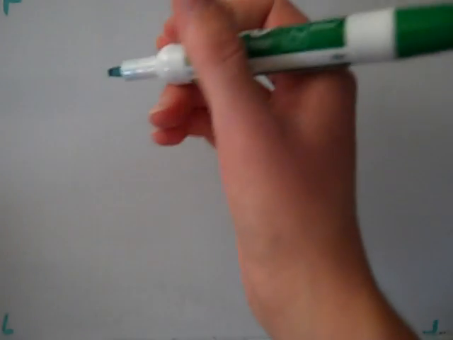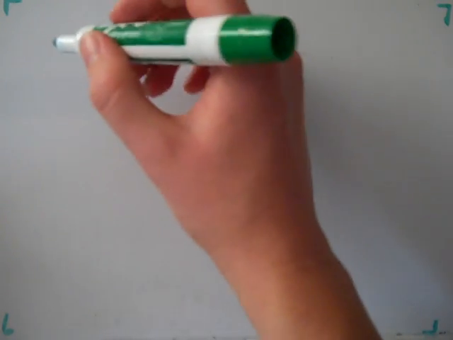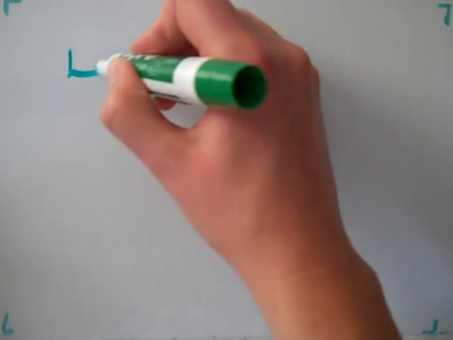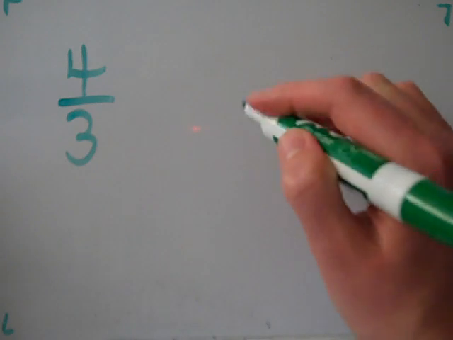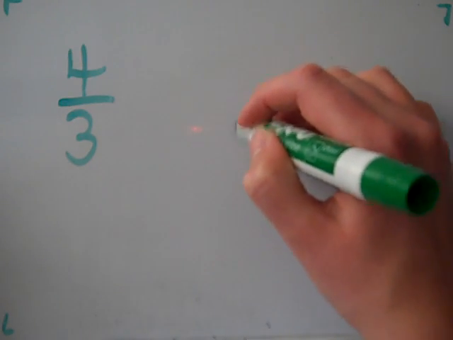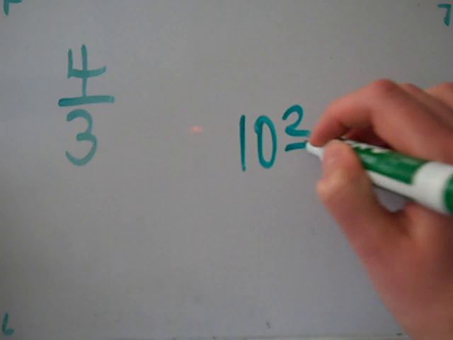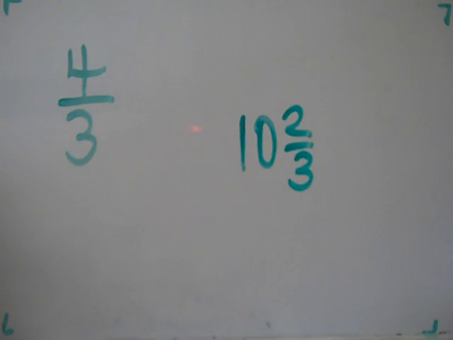The last thing we talked about was using long division to go from rational numbers in fraction form to decimals. You might see a problem like turn 4/3 into a decimal using long division, or turn 10 2/3 into a decimal using long division.